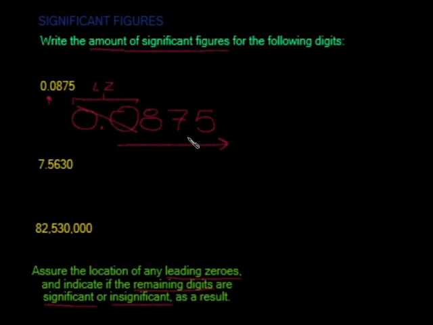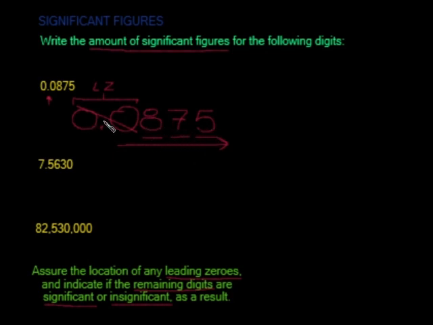Now I want to look at the rightmost digits, since these I know are significant. I need to count how many digits there are: 8, 7, and 5. As a result, these are 3 significant figures.